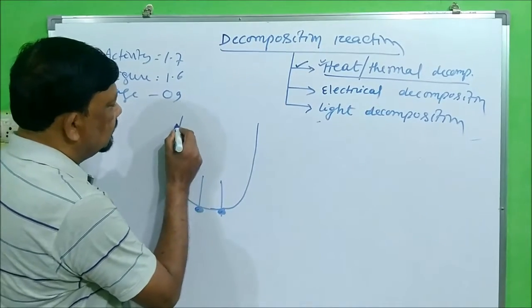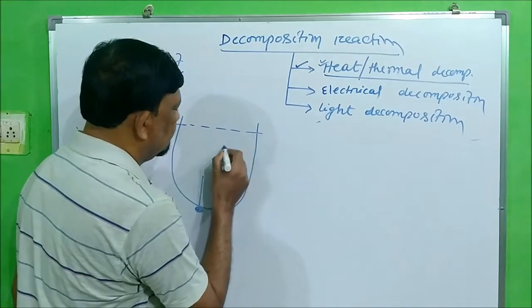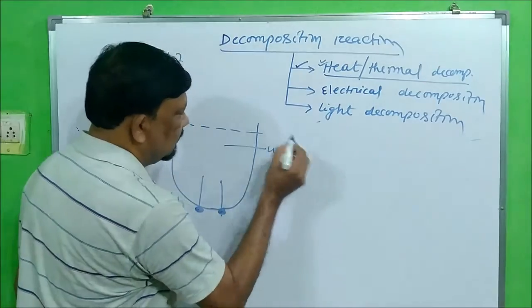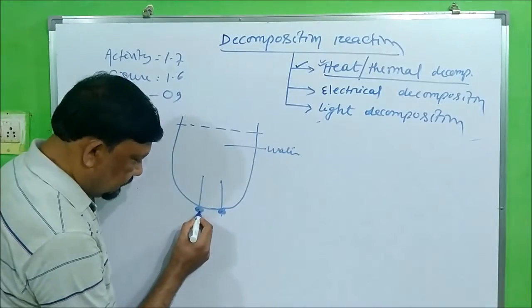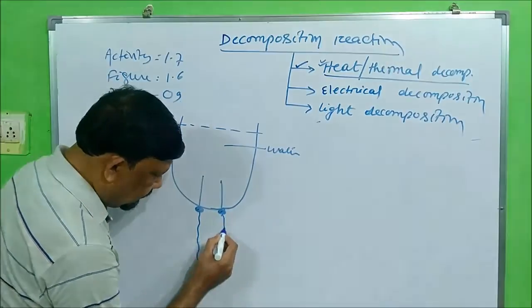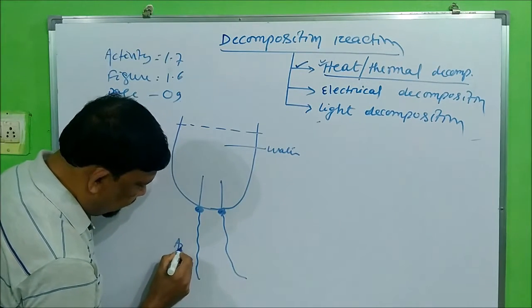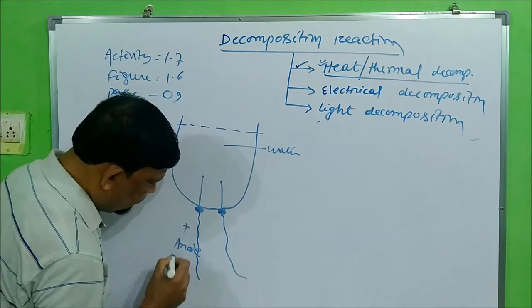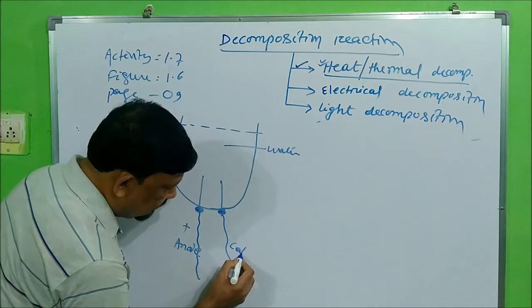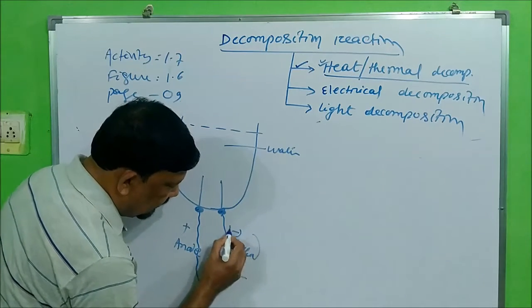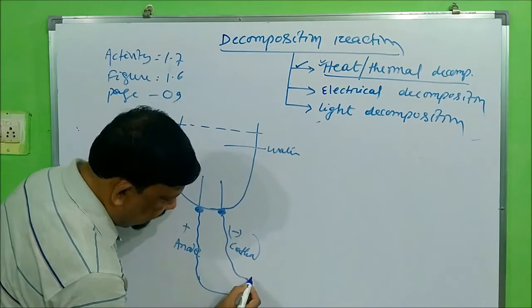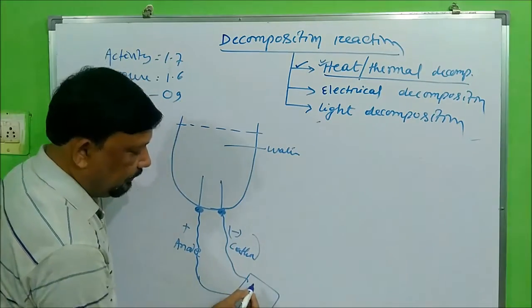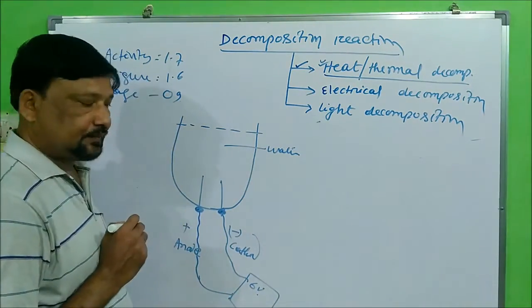Now this is filled with water, and this one is connected to a battery. This one is the anode, or positive terminal, and this is the cathode, negative terminal. It is connected to a battery of 6 volt. Clear?